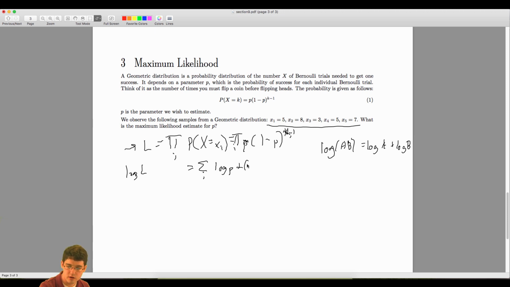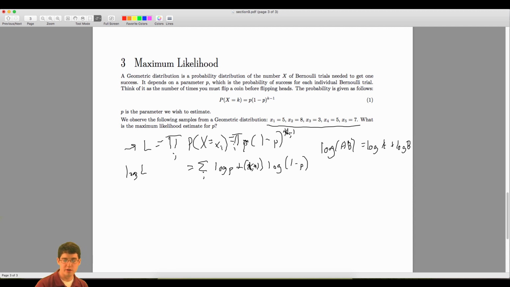So we have xi minus 1 times log of 1 minus p. So all I did here was take the log of this expression and use our log rules to split it out: log p, log (1 minus p), and then move this exponent down in front of the log.